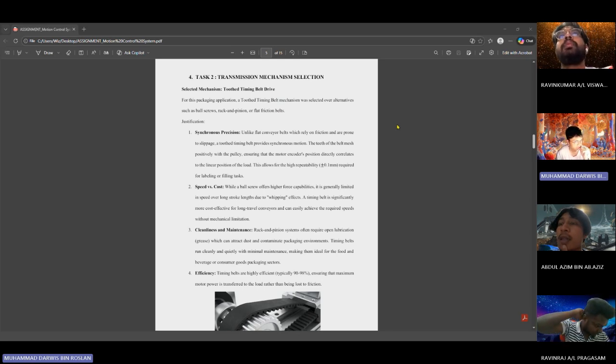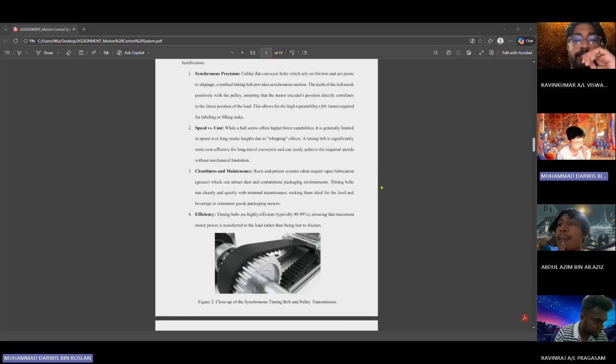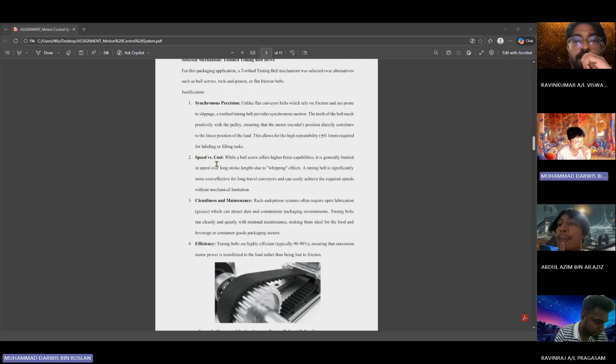The teeth of the belt mesh positively with the pulley, ensuring that the motor encoder's position directly correlates to the linear position of the load. This allows the high repeatability required for labeling and filling tasks. Next is speed and cost.